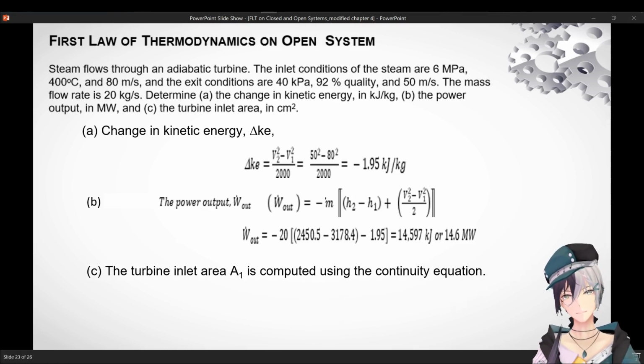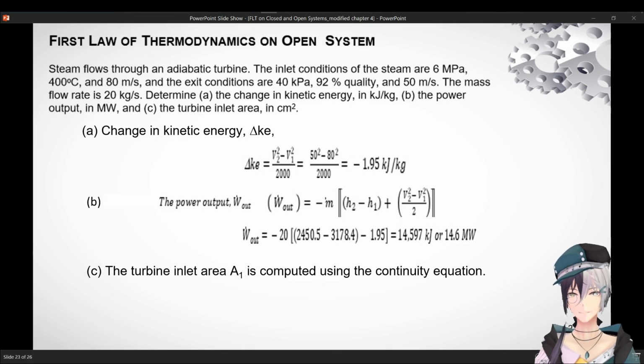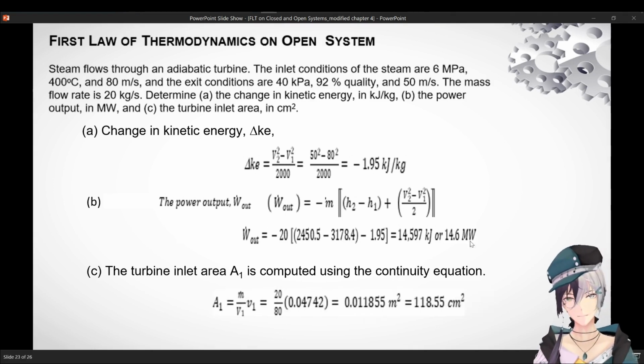Finally, for the turbine inlet area, we will now use the continuity equation. Mass flow rate is area multiplied by velocity divided by specific volume.